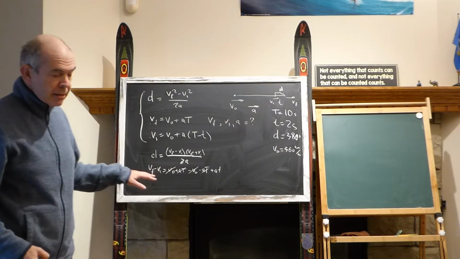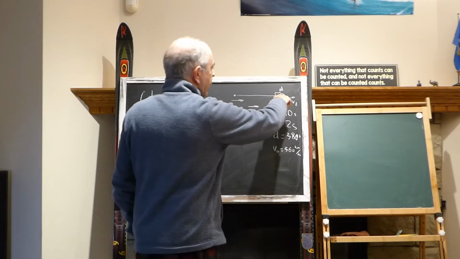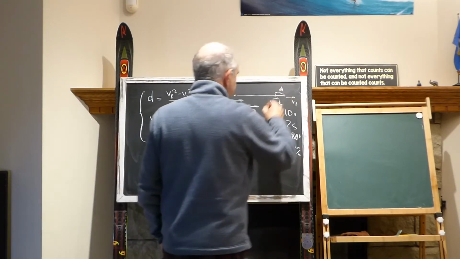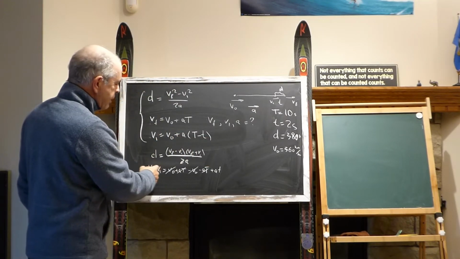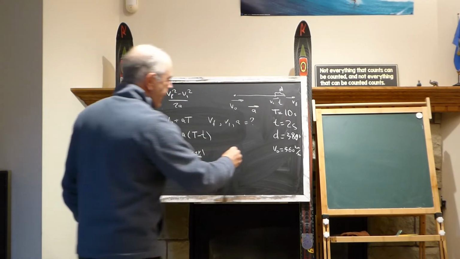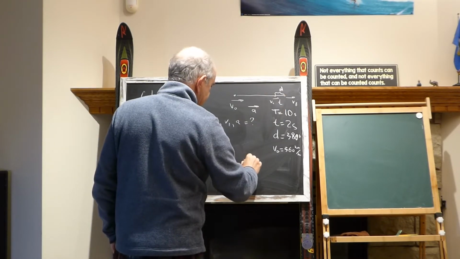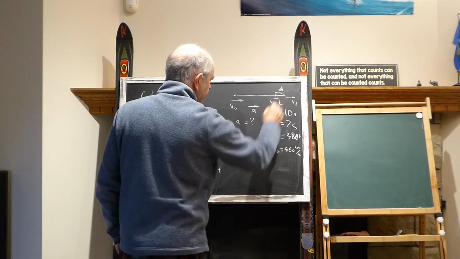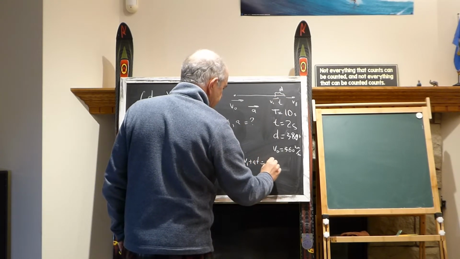And by the way, this equation is the definition, if I look at my main formula, the change in the speed equals aT, right? If I say that this is the beginning, this is v1 plus aT, it gives me the final speed.